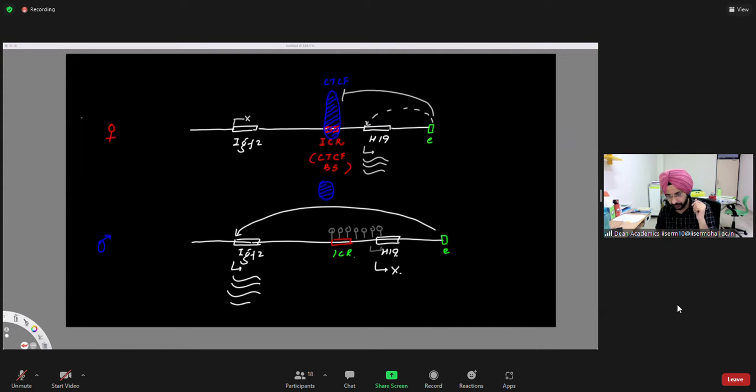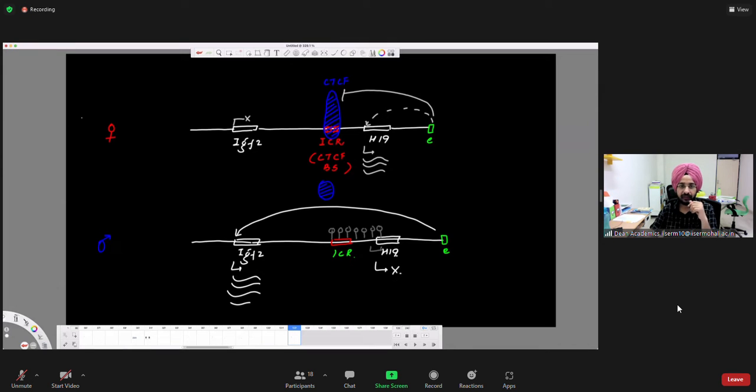So it's the maternal allele which replicates late and it's the paternal allele which replicates early.